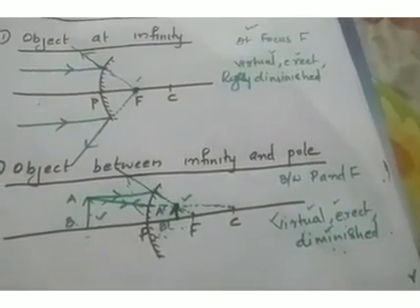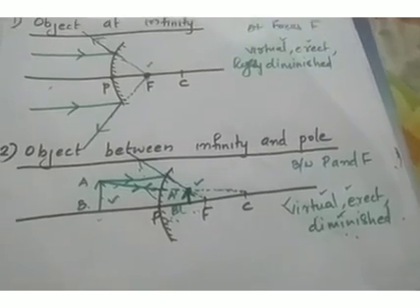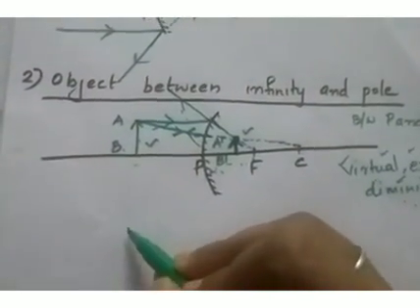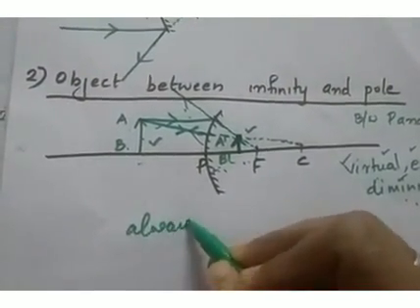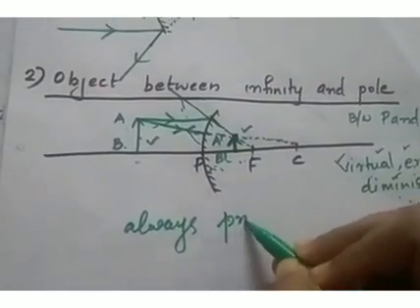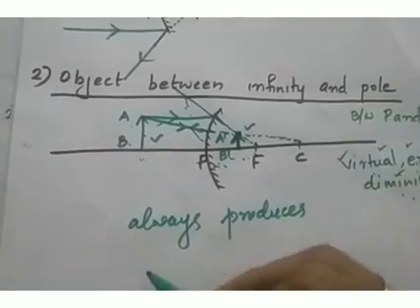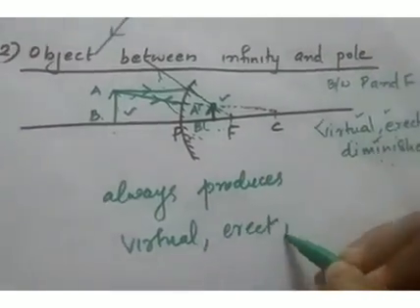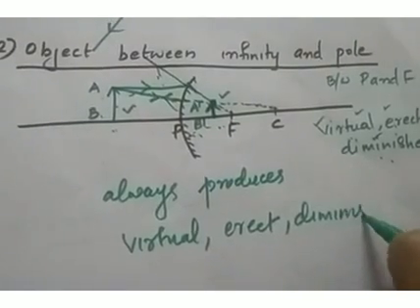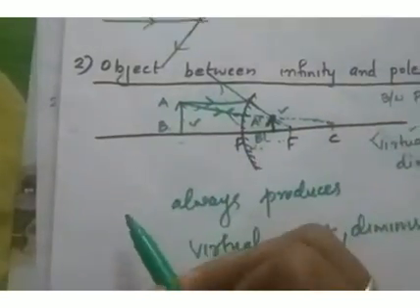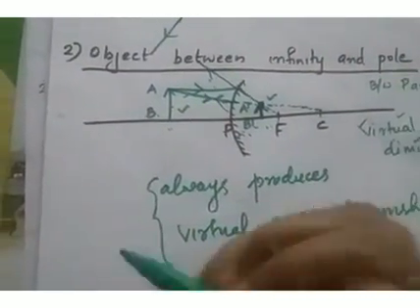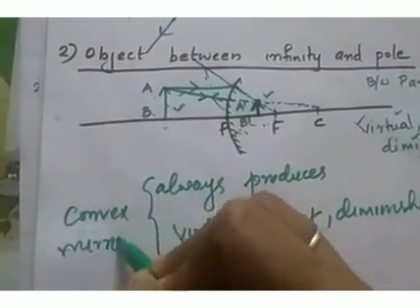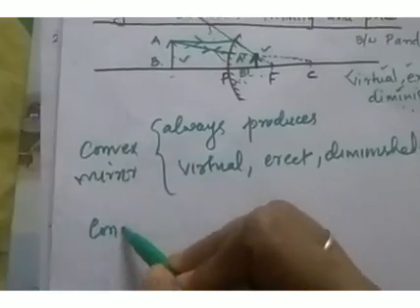So, what is the nature of image formed by convex mirror in general? Yeah, in general we can say a convex mirror always produces, that is the important point here, a convex mirror always produces virtual, erect and diminished image. So which mirror always produces virtual, erect and diminished image? Convex mirror. But what about a concave mirror?